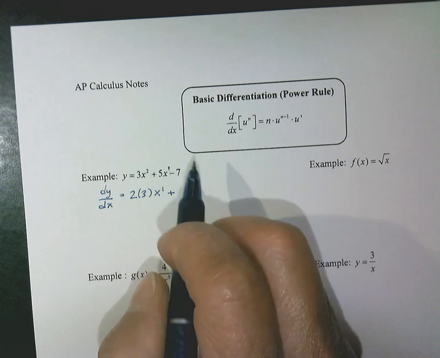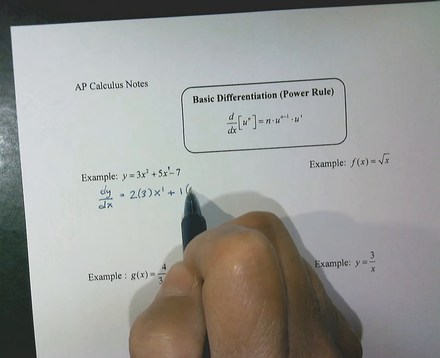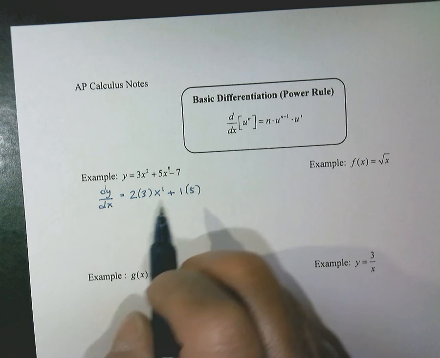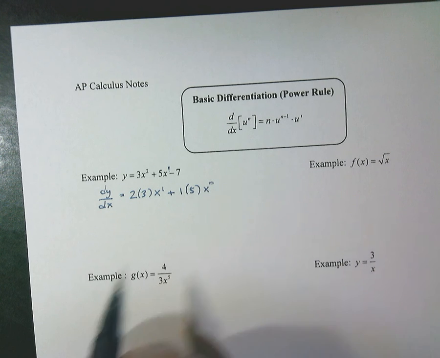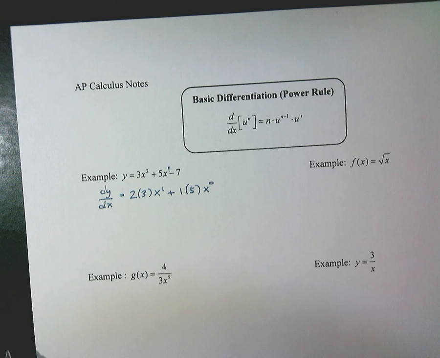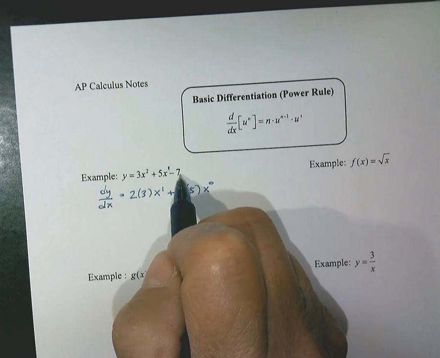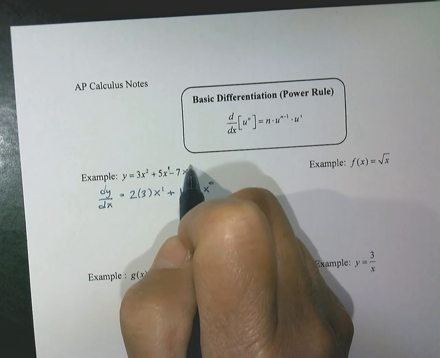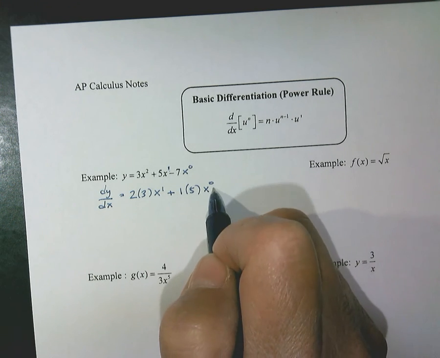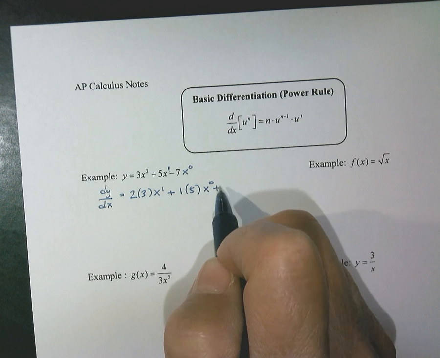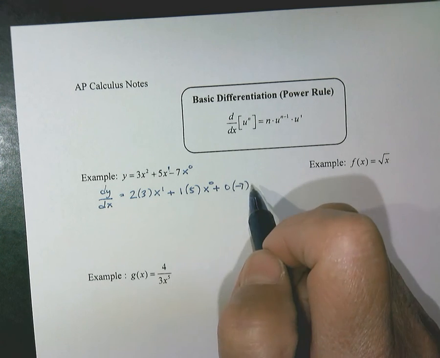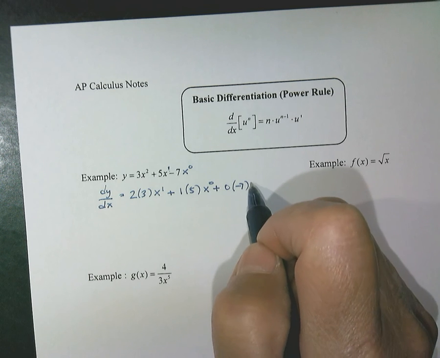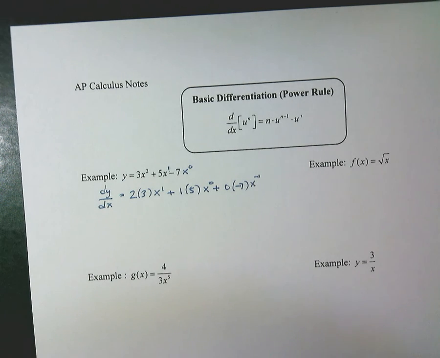So I'm going to bring the exponent out front, multiply it by the 5, take this exponent of 1 and subtract 1 from it, so I get x to the 0. And if I have just a 7, this is saying this is 7x to the 0 power. So I'm going to take 0, multiply by the negative 7, and then subtract 1 from the exponent, so that x to the negative first.